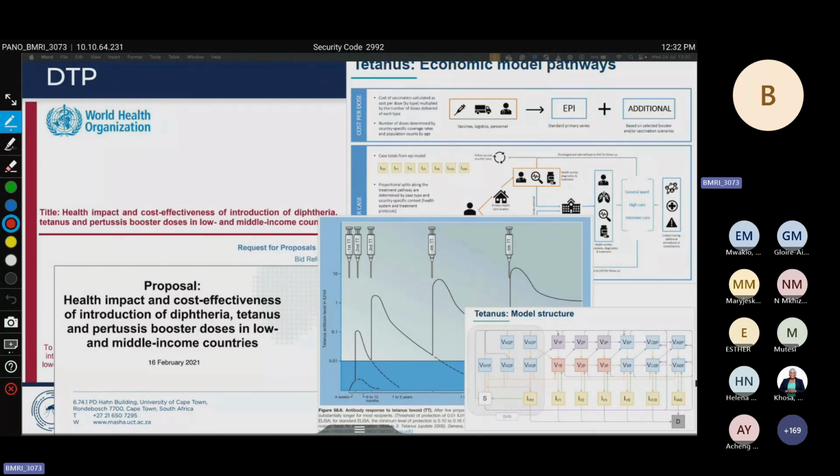And so it was necessary to develop a model, as there were no models that were jointly looking at the impact of tetanus, diphtheria, and pertussis globally.